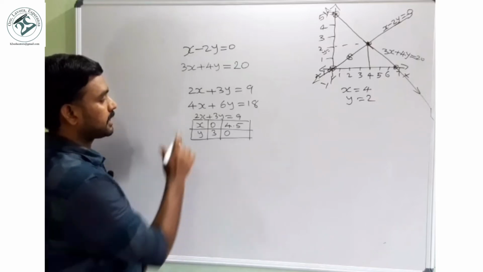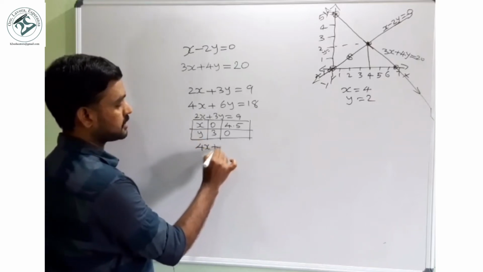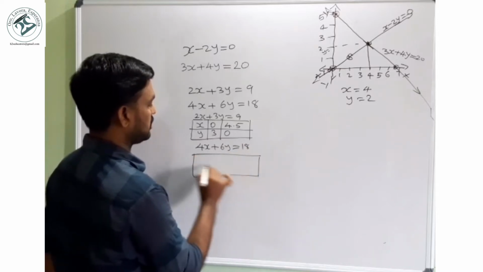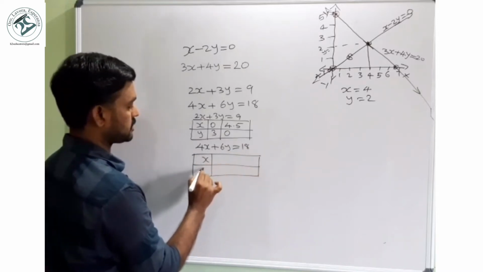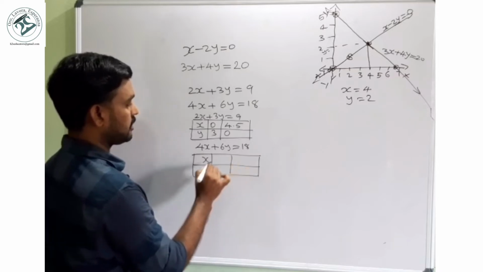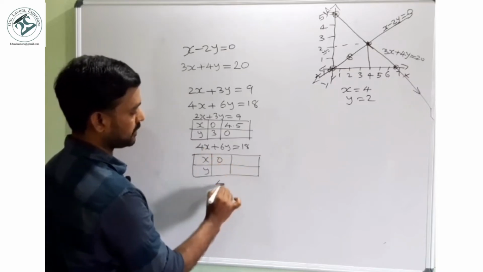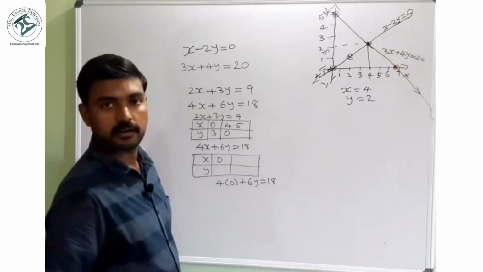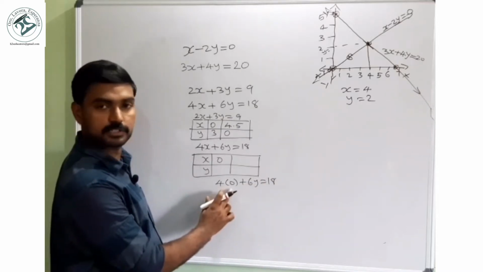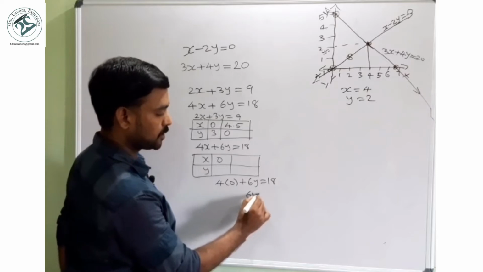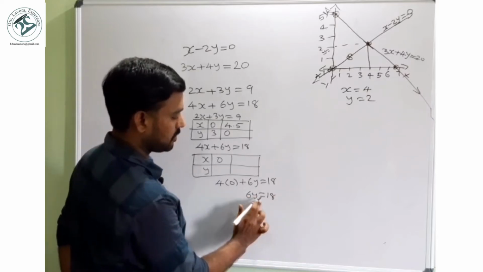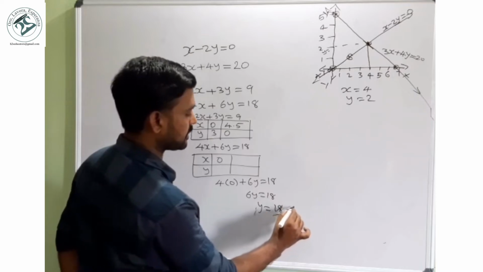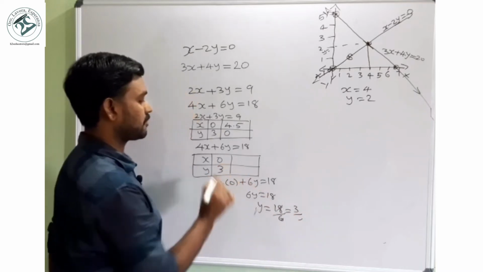Now we can go for the second equation, 4x plus 6y is equal to 18. When x is equal to 0, this equation becomes 4 into 0 plus 6y is equal to 18. The first term will be 0 because 4 into 0 is 0. So 6y is equal to 18, so y is equal to 18 divided by 6. We know 3 sixes are 18. So y is equal to 3.